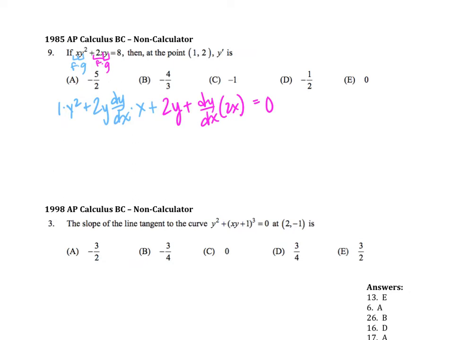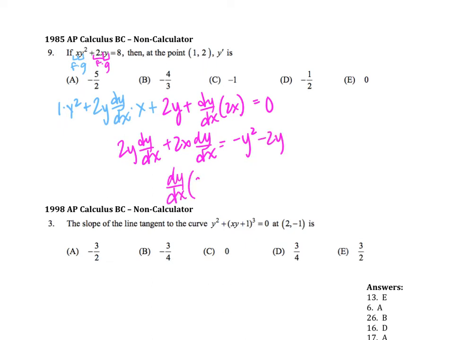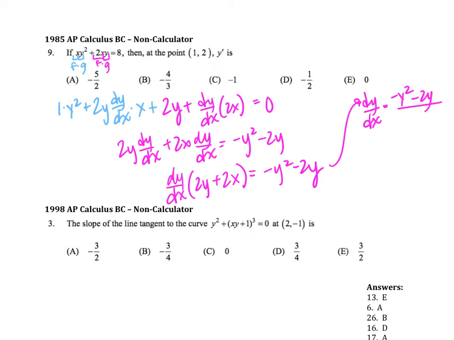We've got to get dy/dx by itself, so I've got 2y dy/dx and 2x dy/dx equals, move the other things over, negative y squared minus 2y. I'm going to factor out a dy/dx, leaving me with a 2y plus a 2x equals negative y squared minus 2y. And therefore, my dy/dx is going to be the quotient of negative y squared minus 2y over 2y plus 2x.